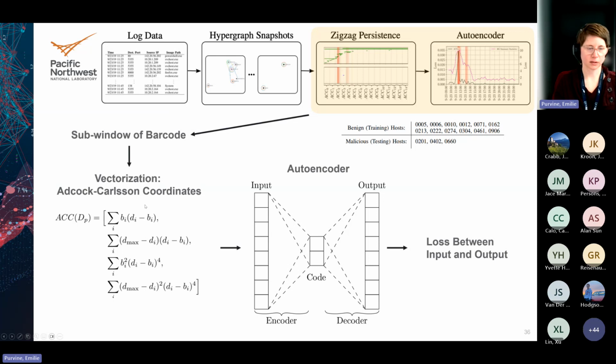So this is Adcock-Carlson coordinates, a simple way to get a numerical feature vector that can be used in machine learning, like an autoencoder, to summarize what's going on in that zigzag persistence. And then we looked at the reconstruction loss in that autoencoder to identify when the dynamics were off normal.